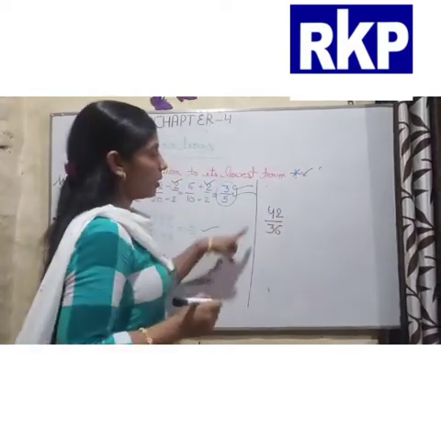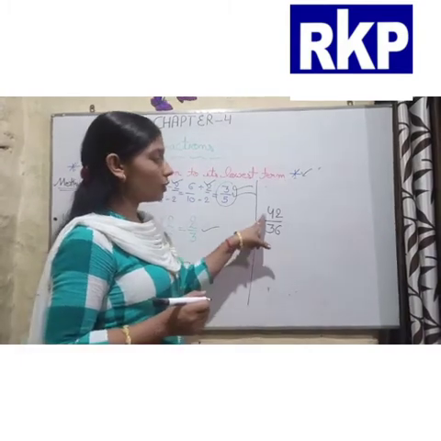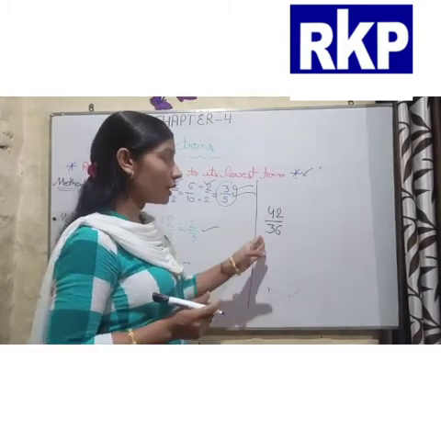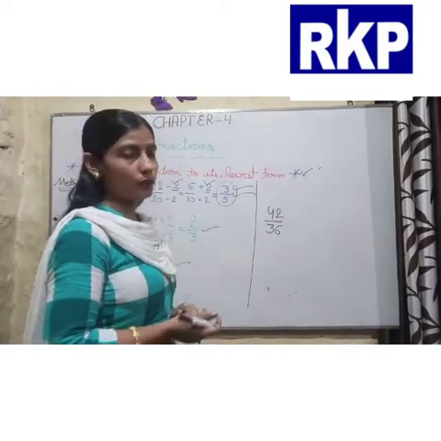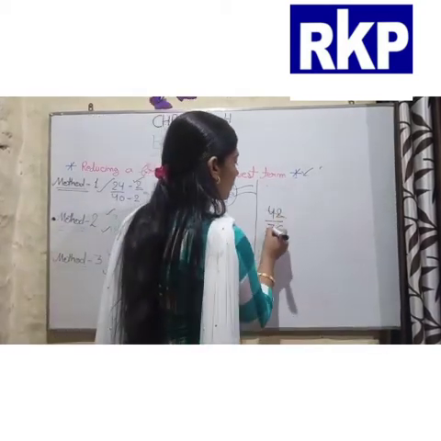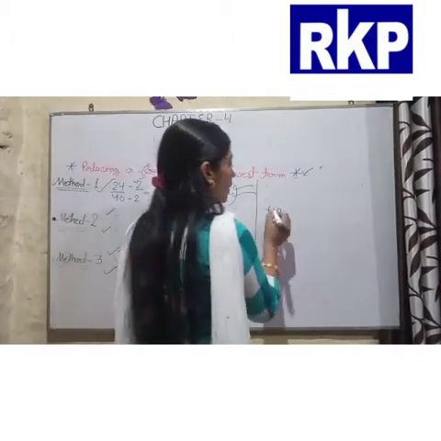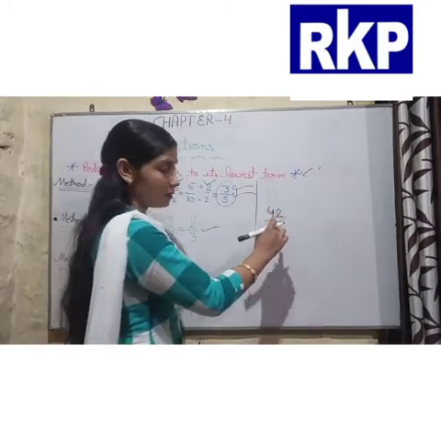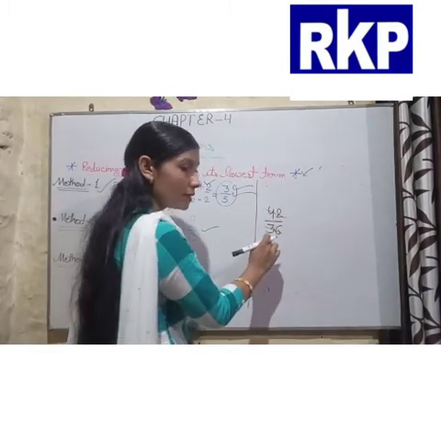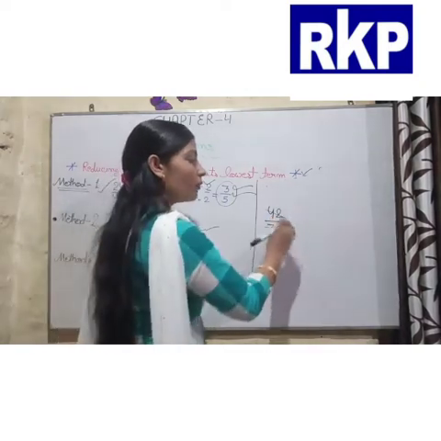And 6 also is a common factor of 42 and 36. So we can divide 42 and 36 directly by 6 also. But let us cut it by 2. Cut means we have to divide 42 and 36 by a common factor.